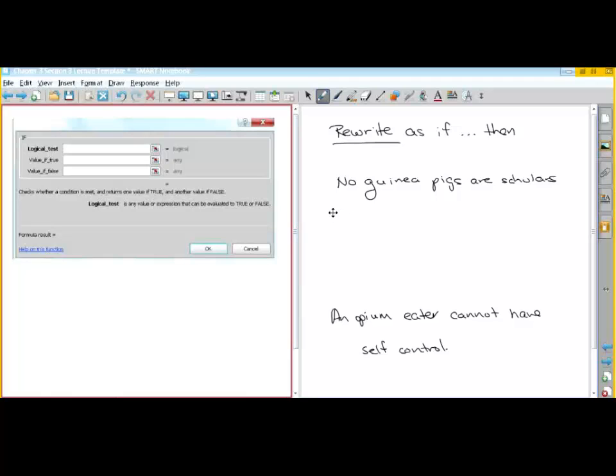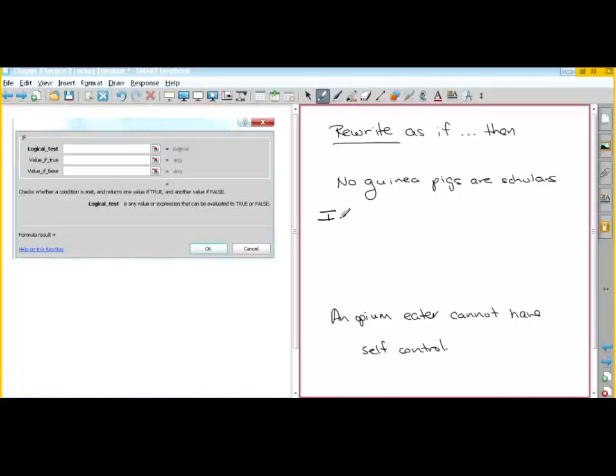No guinea pigs or scholars. So another way of writing that is: if one, and we use one when we talk about something that's not a person or myself, if one is a guinea pig, spelled wrong, then one is not a scholar.